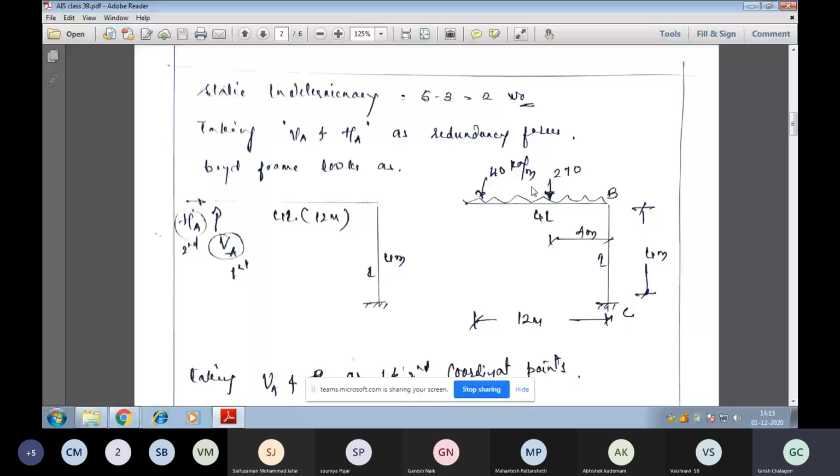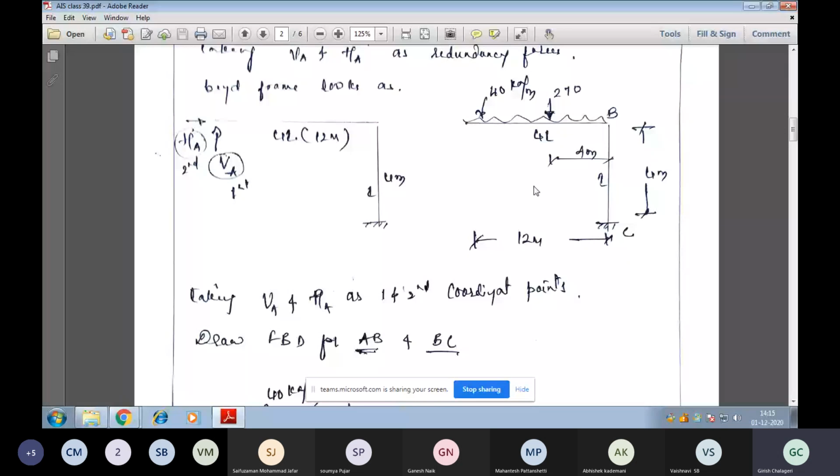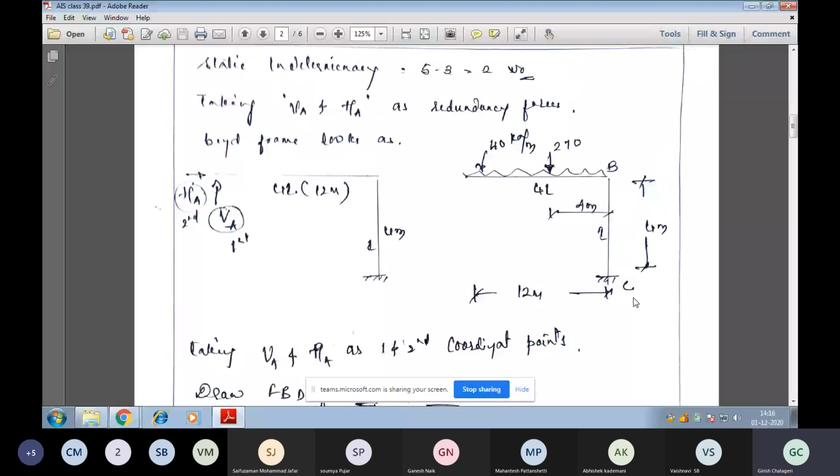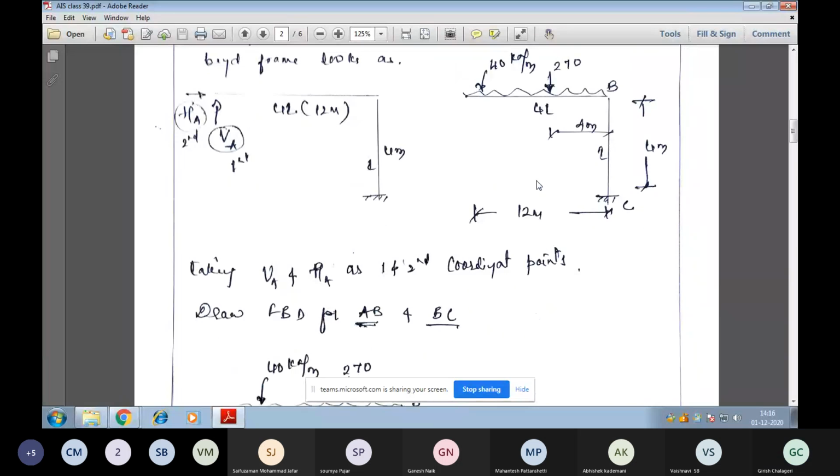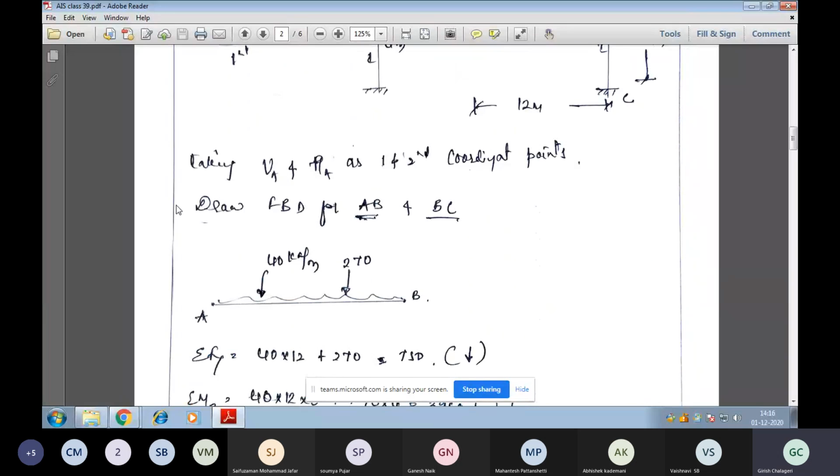Now, the vertical force at A is taken as the first coordinate, and the horizontal force at A is taken as the second coordinate. Due to this determinate structure, draw a free body diagram for AB and BC. So we are splitting AB. A doesn't have any forces here, but B is a rigid joint, so we will have forces at this point.